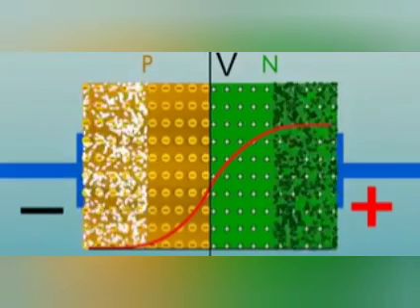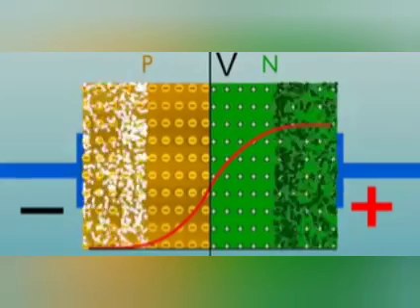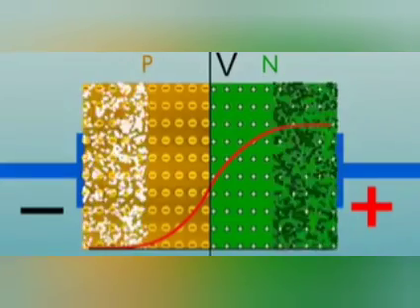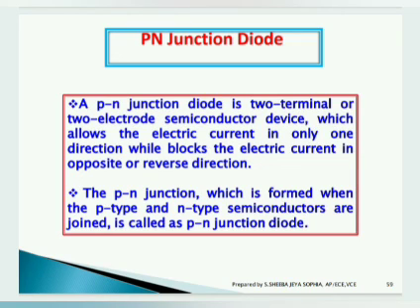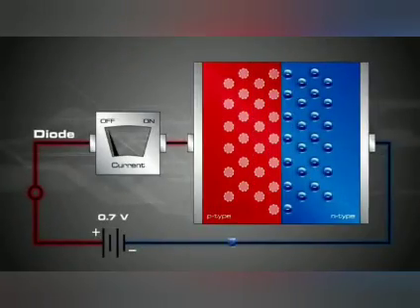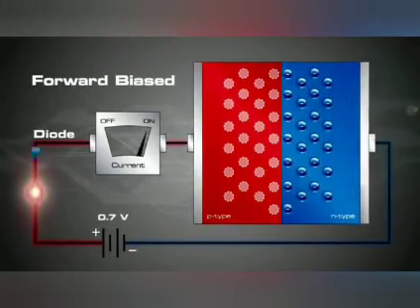And now we are going to see about the diode, that is the PN junction diode. It is nothing but a two-terminal or two-electrode semiconductor device which allows the electric current in only one direction, while blocking the electric current in the opposite or reverse direction.